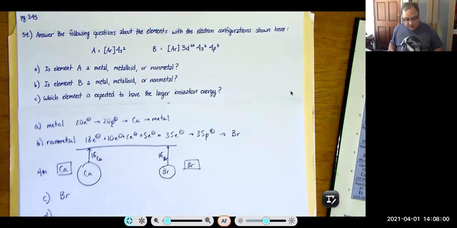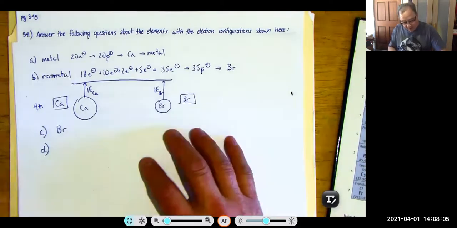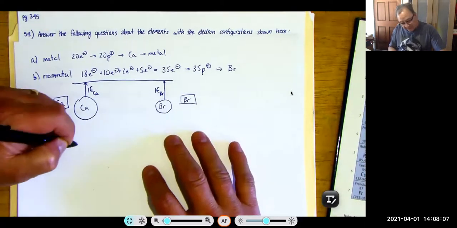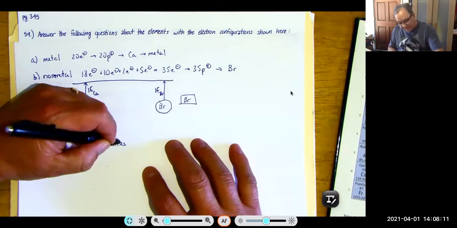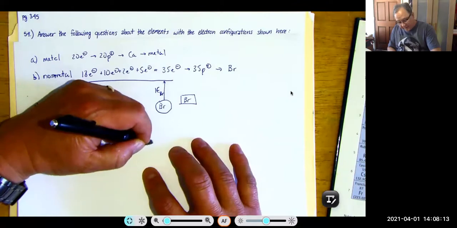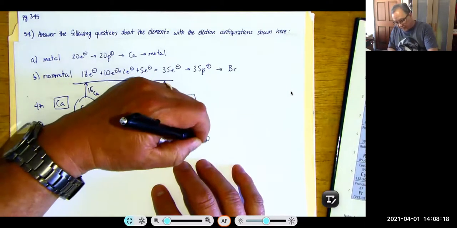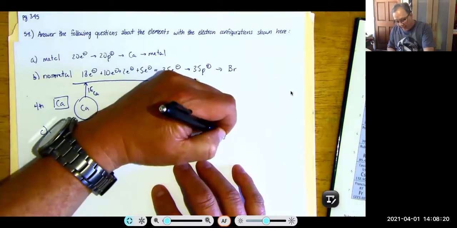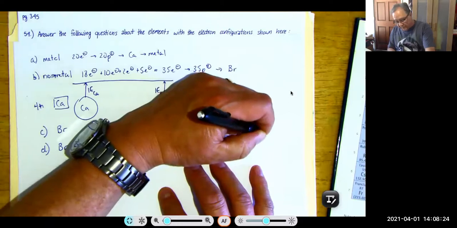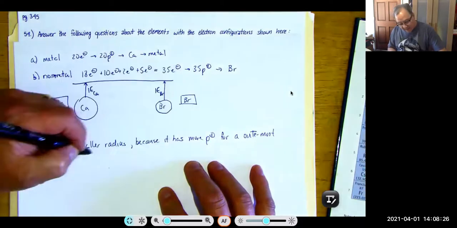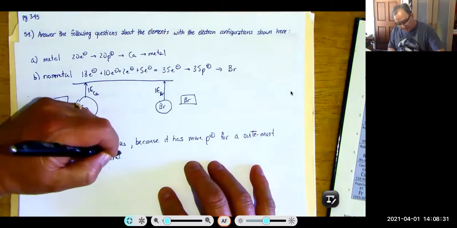Okay, D, which element has the smaller atomic radius? Well, we've already answered that. Bromine has the smaller radius. And that's because it has more protons for an outermost occupied shell equal to 4.